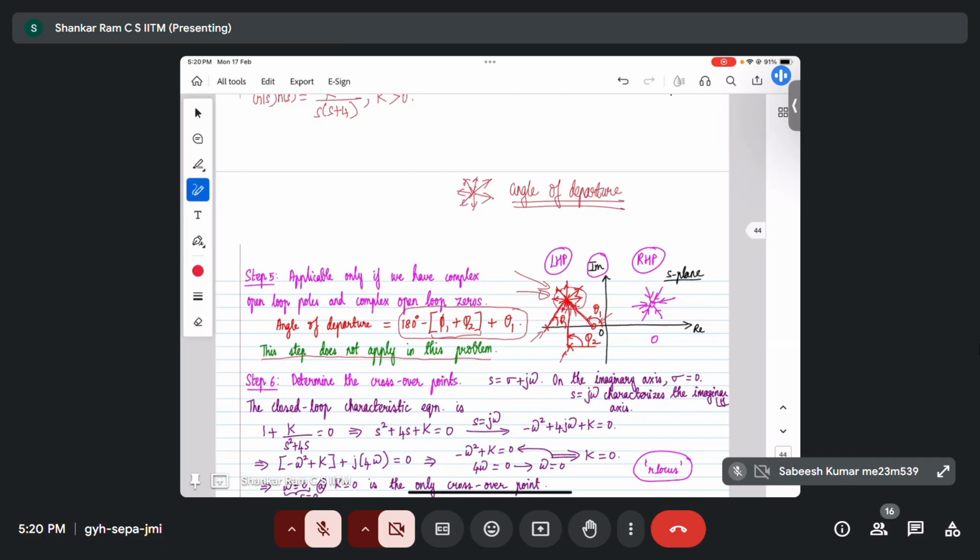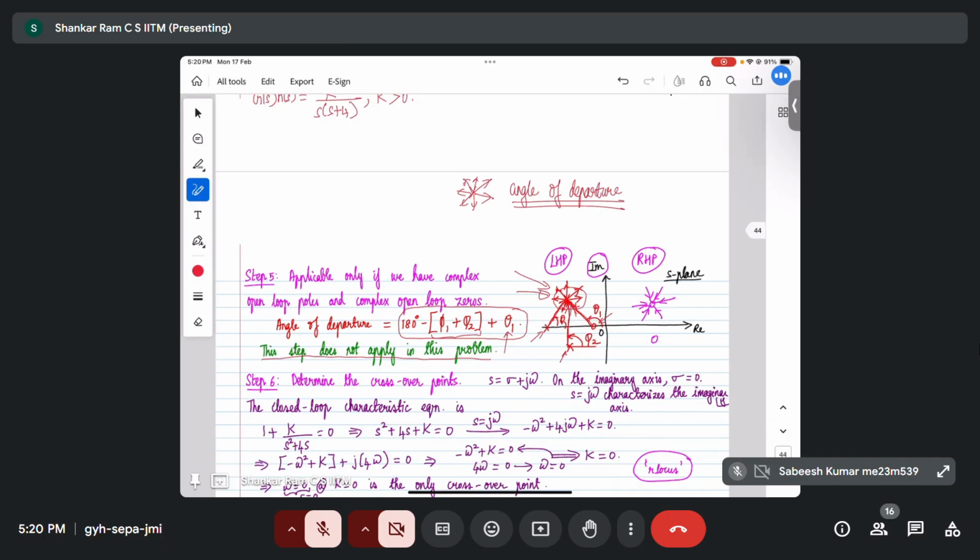And theta 1 is the angle made by the open loop zero; there is only one open loop zero in this example, right? It is the vector drawn from the zero to this particular pole under consideration. So this step applies only when we have complex open loop poles. We calculate the angle of departure using this concept.